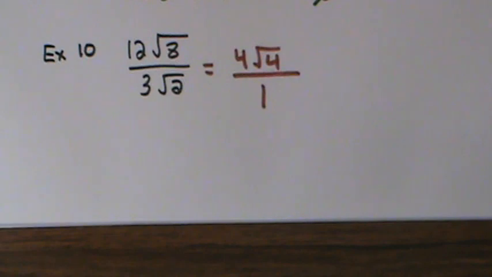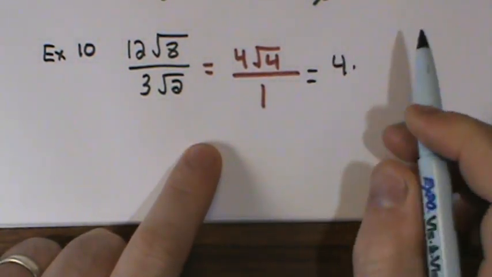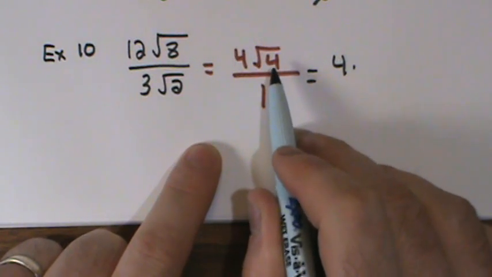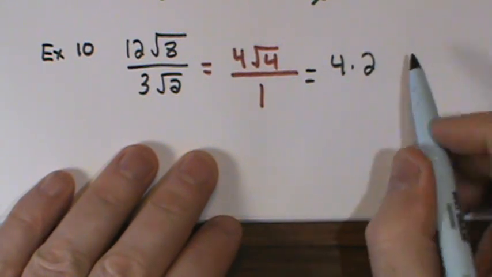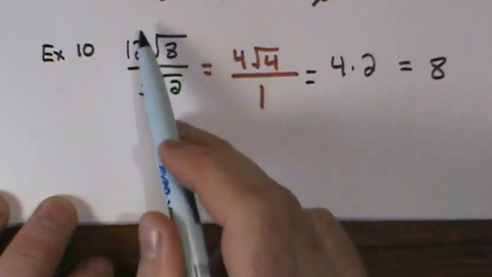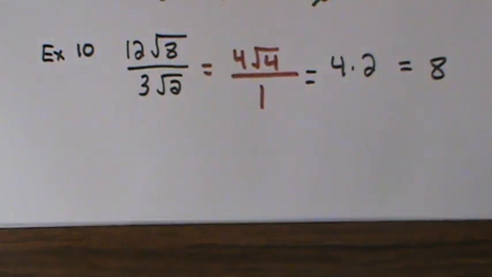I can break that down. And so this is really just saying I've got 4 times 2 squared under the radical. If it's 2 squared under the radical, I can bring that out as a regular 2. And of course, 4 times 2 is 8, which means the original number simplified all the way down just to regular 8. There we have 10 examples.